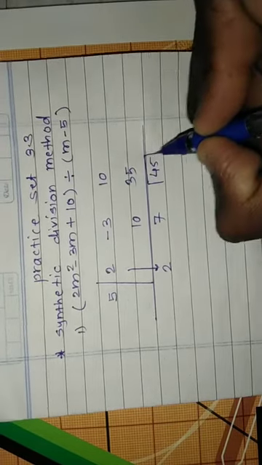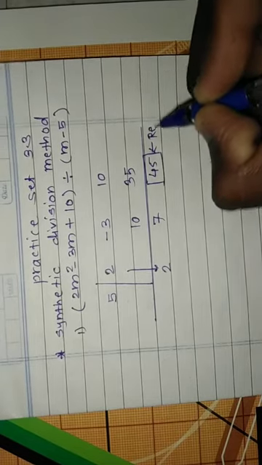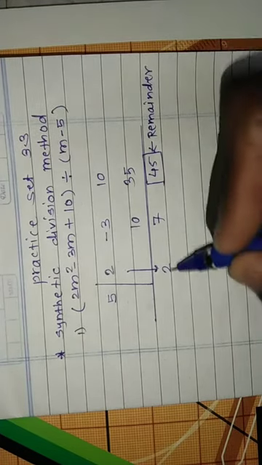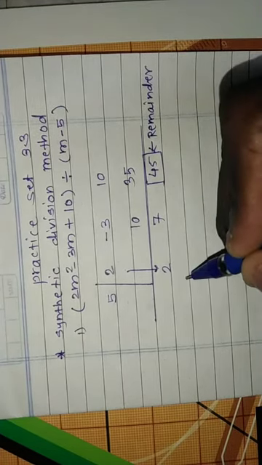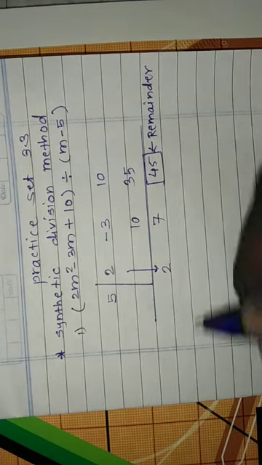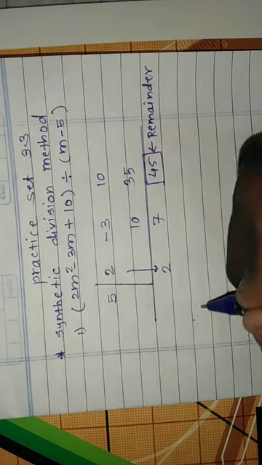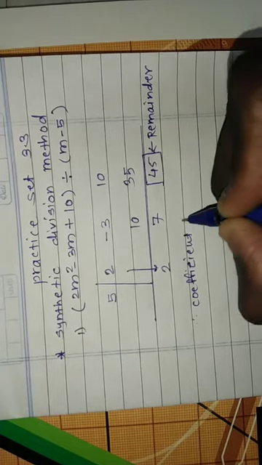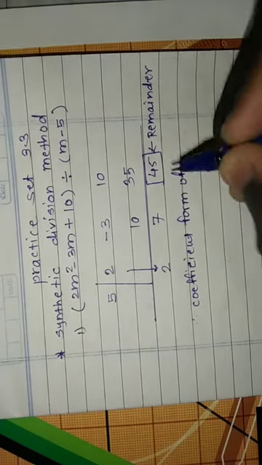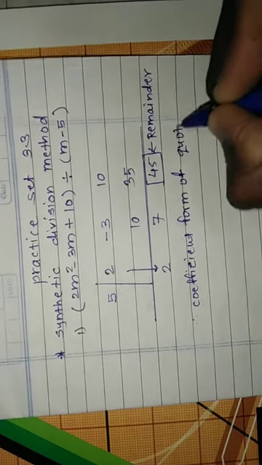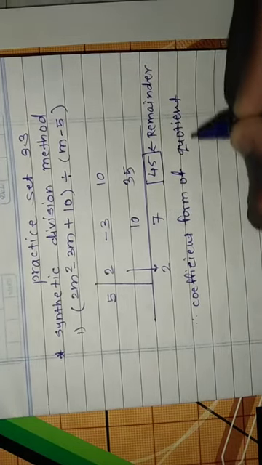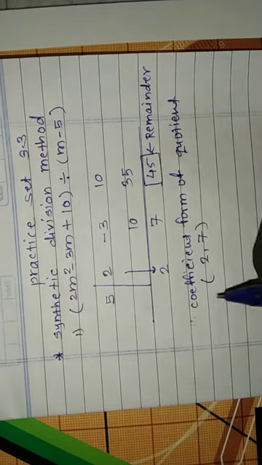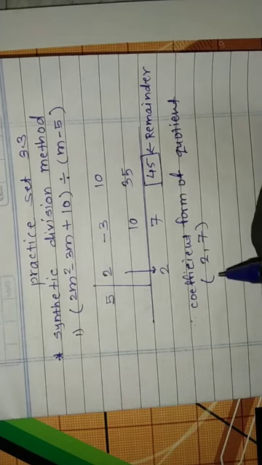The last number, make a box here. This number means the remainder. From the remaining coefficients we have to write our final answer. So below that we write the coefficient form of the quotient. These remaining numbers, 2 and 7, are the coefficient form of the quotient, and from this we write the quotient and the remainder.